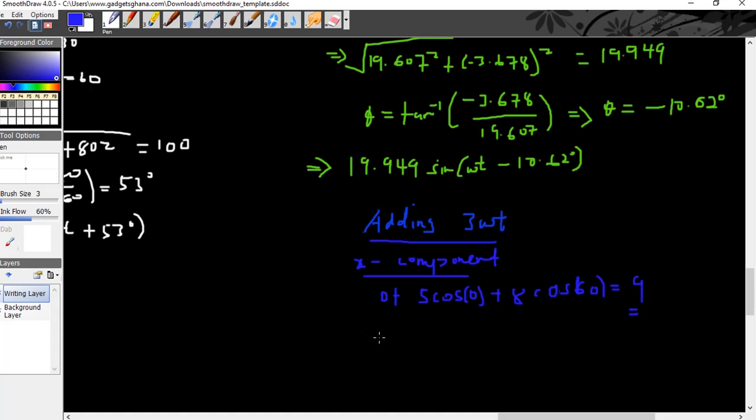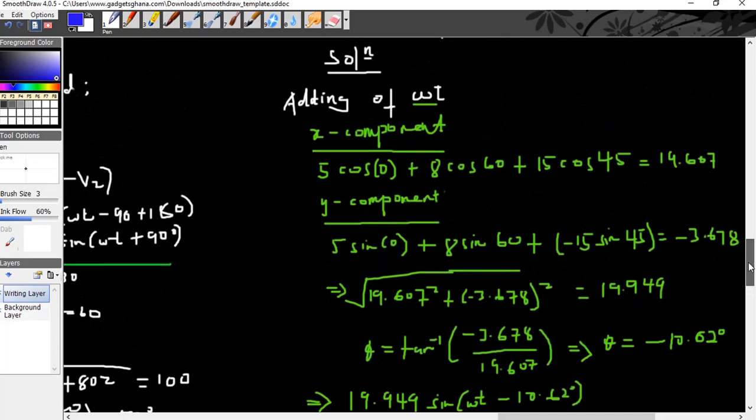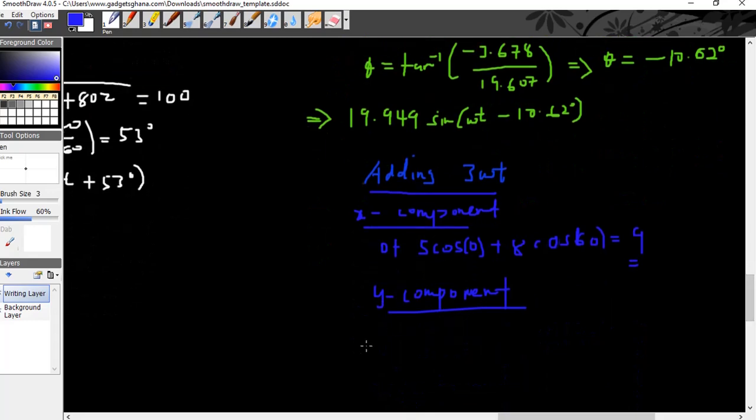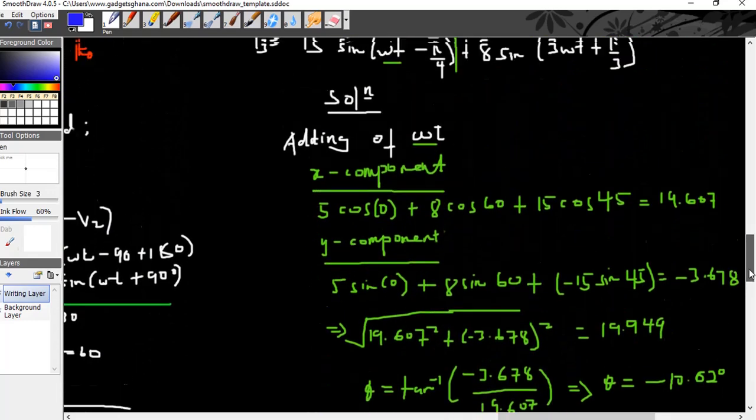That's for the s component. Now let's look at the y component. For the y component, there's no quantity over here, so that's also 0. Okay, so we have 0 plus, okay, let's proceed.